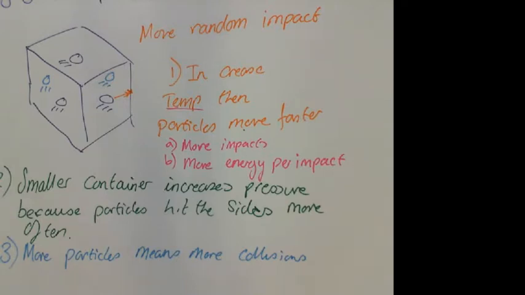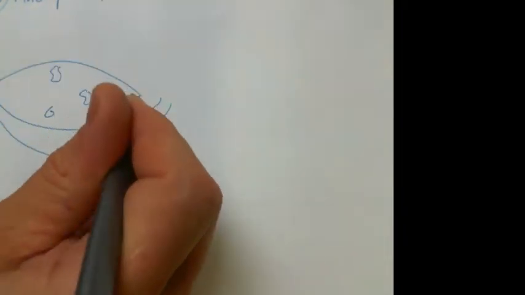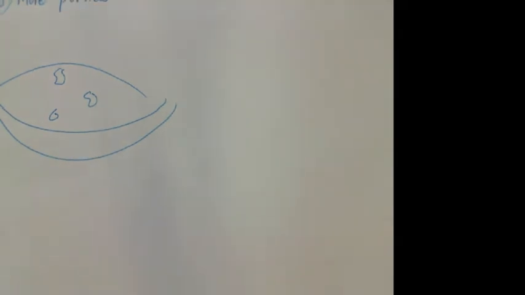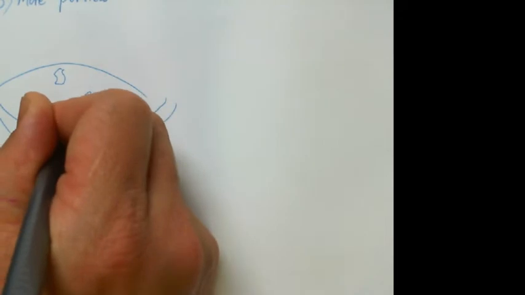Now this random movement of particles was first observed by a biologist called Brown, who discovered something called Brownian motion. He was looking at individual bits of pollen floating in water, and he noticed that the bits of pollen were jiggling randomly, and he couldn't explain why.